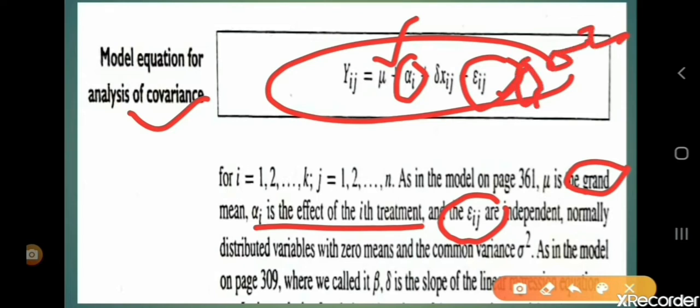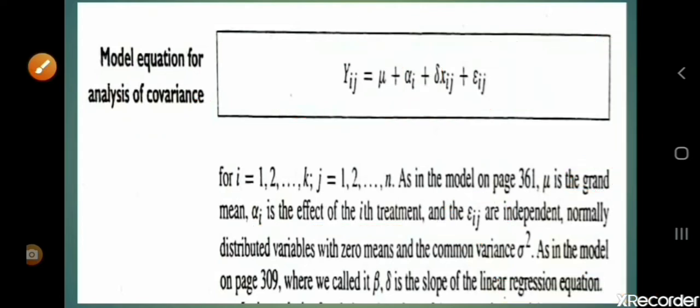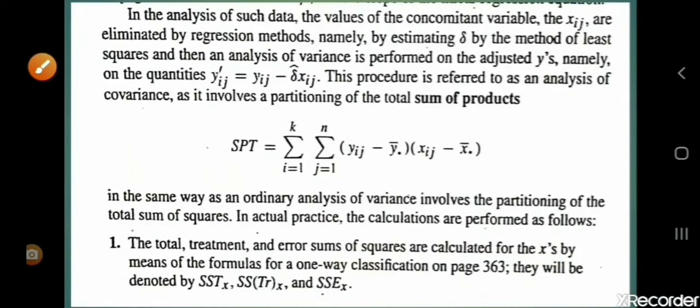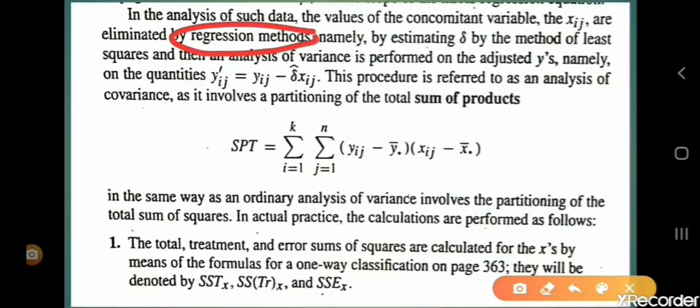Here the delta term is the slope of the linear regression equation. Here the xij are eliminated by the regression method, and we calculate this delta by the method of least squares. That method we have seen in the linear regression model.